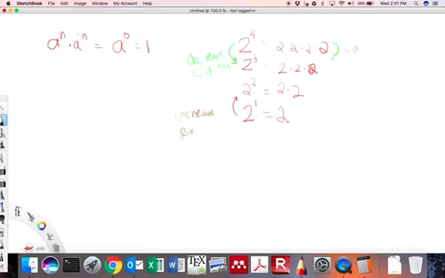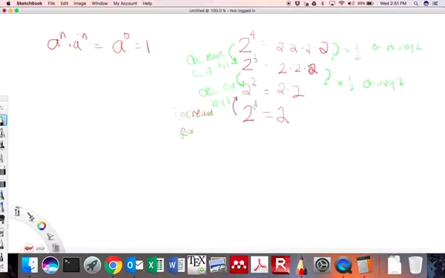This is multiplication by 1/2 or division by 2. So if I divide by 2, I decrease the number of factors of 2.